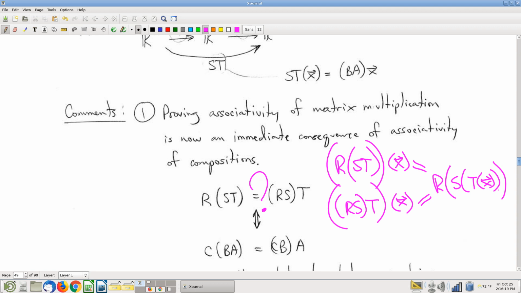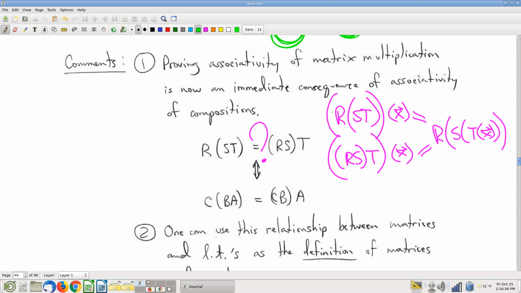While we're here, one other quick comment about this relationship, about the fact that multiplication of linear transformations corresponds to multiplication of matrices. This addresses the question of why would we define matrix multiplication the way we did in the first place? This is another thing we never really got around to defining, right?